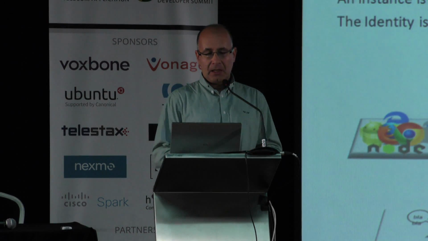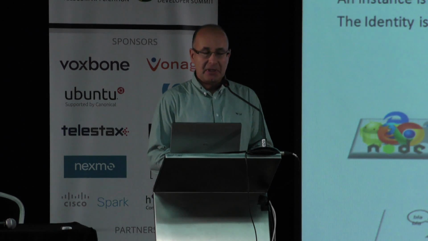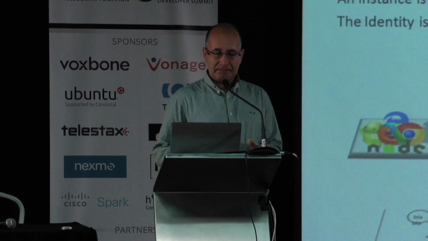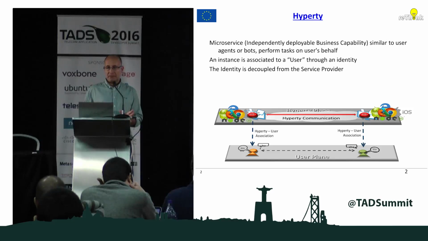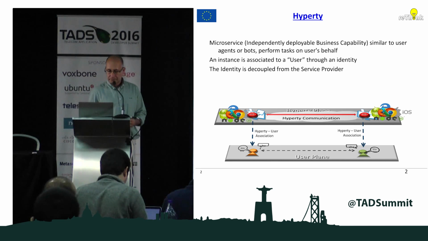So this means that at the end, a hyperty performs some tasks on behalf of a user. And the identity of the user is completely decoupled from the provider of the hyperty. So this is really another big difference, and it gives the power to the user to select the identity to be used.